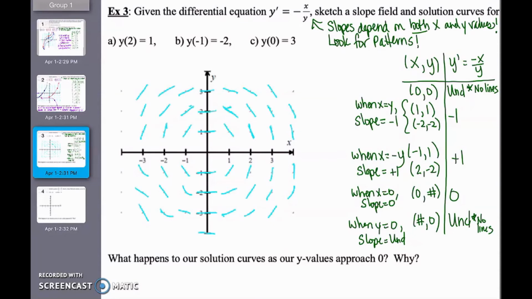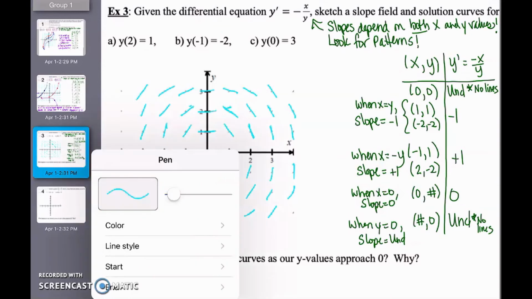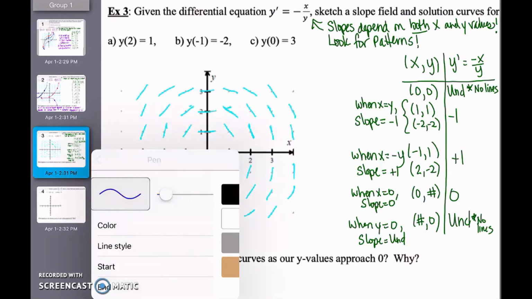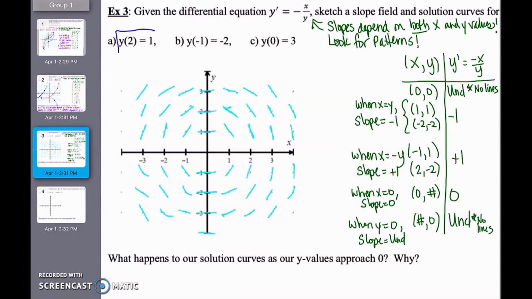There we go. Okay. And so now we can go ahead and sketch what our solution curves are going to look like. I'm going to use blue pen for my first one. My first solution curve contains the point when x is 2, y is 1. So right there. Okay, and again, I'm just going to follow the slope.